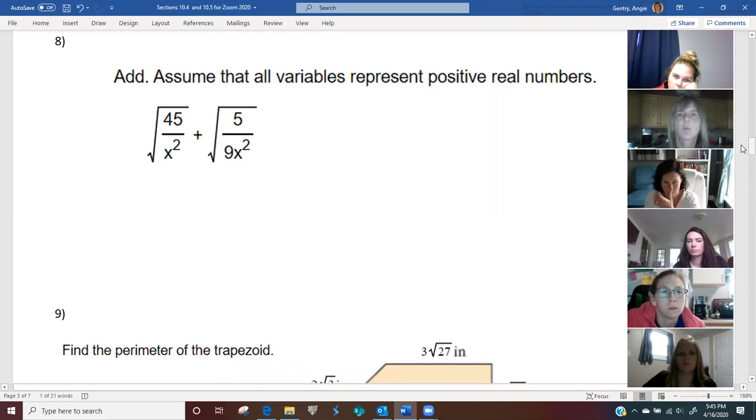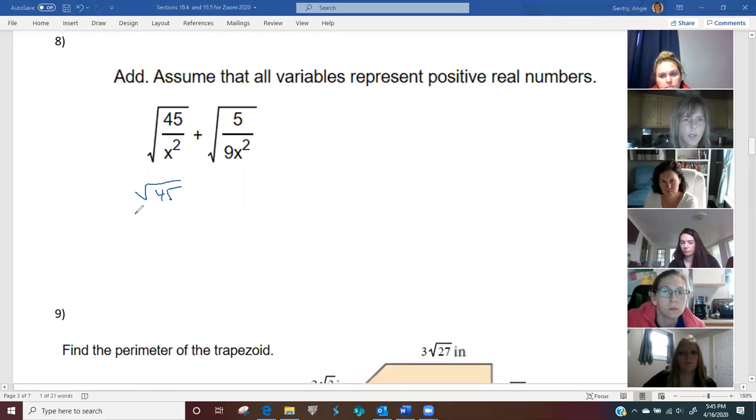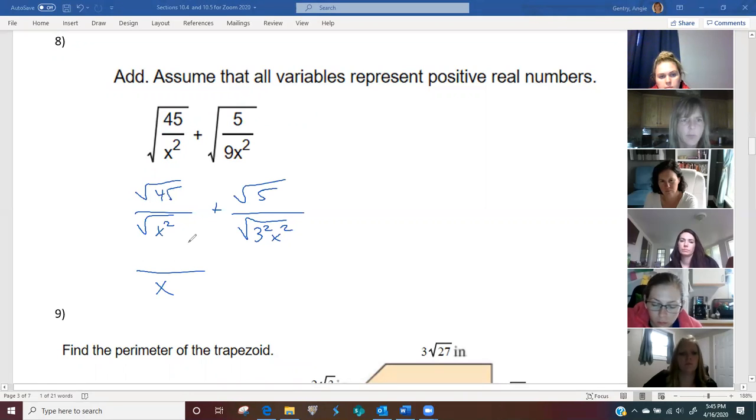Do we see it? I'm not gonna work this whole thing, but you would say square root of 45, square root of x squared, square root of 5. Don't write this whole thing down because I'm not gonna work it all. And this is a 3 squared x squared, and then you would say, simplify each one first, and square root of 45 you can simplify.